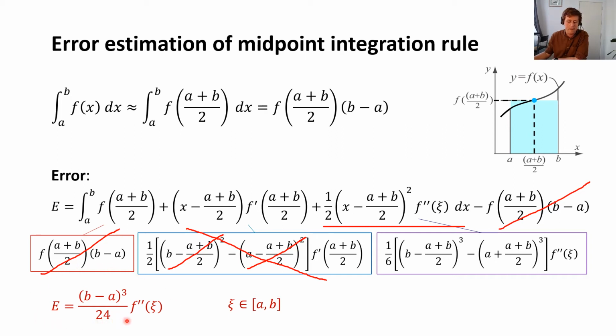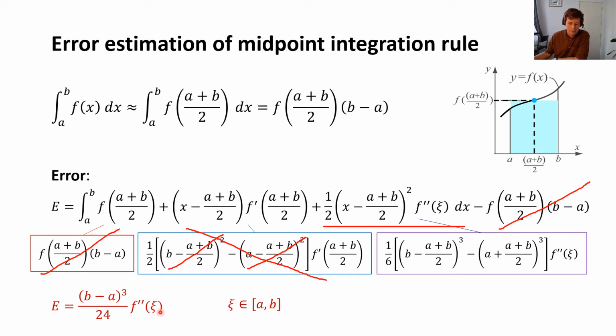And let's analyze this for a moment. So we see, well, we have a constant 1/24, which is not so important. We see that this is proportional to the second derivative of f evaluated at some psi between a and b.